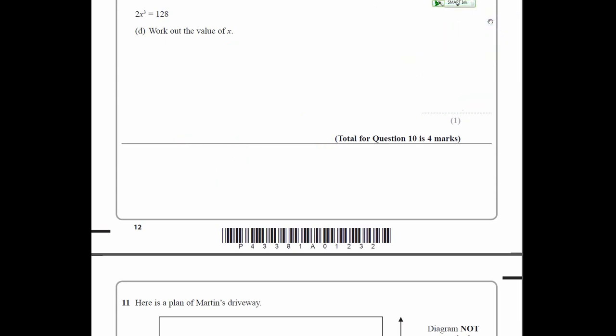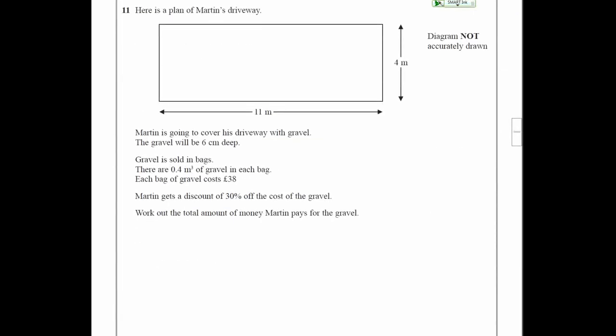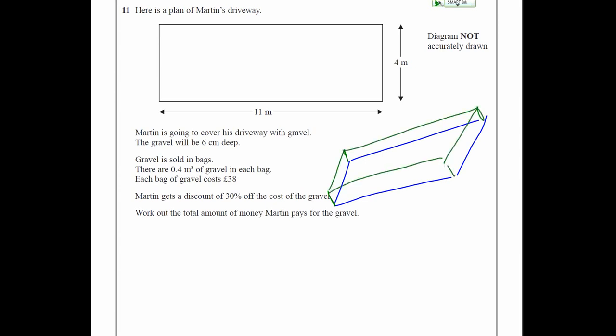Clear ink. Question 11. Here is a plan of Martin's driveway. Martin is going to cover his driveway with gravel. The gravel will be 6 centimeters deep. Gravel is sold in bags. Let me just get a visual representation for us. This is his drive. Let's try and make it a bit 3D, because it's going to be going up 6 centimeters.